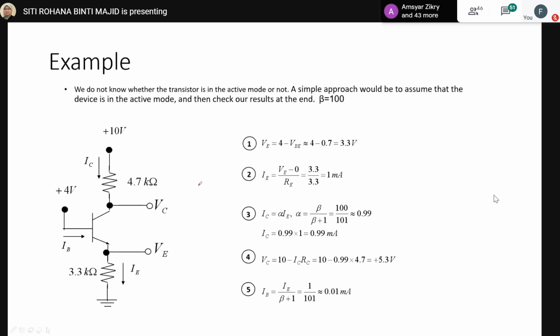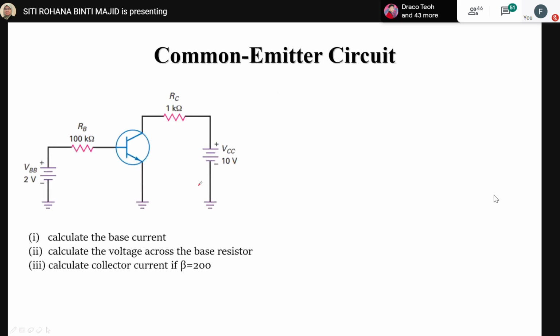But from this one, we know that IC and IB are bigger than 0, which means it's not in cutoff. So now, whether it's saturation or active. Again, I give you another example. It's almost similar to that one, but in a real figure.